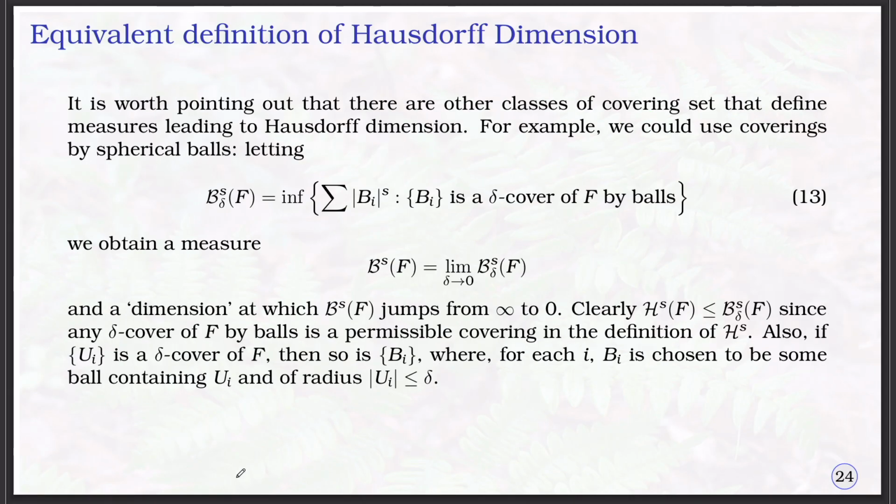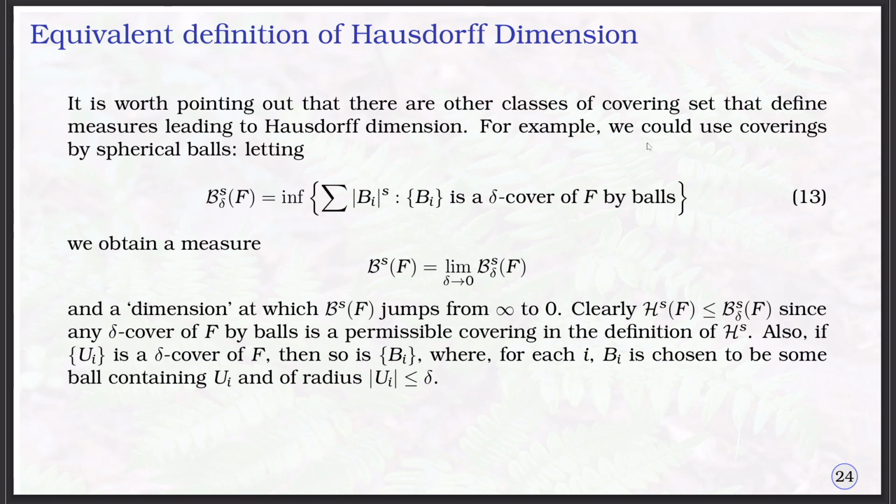Now, we will discuss the equivalent definition of Hausdorff dimension. Initially, while defining the Hausdorff dimension, we defined the diameter of the set. The set U is an arbitrary set.